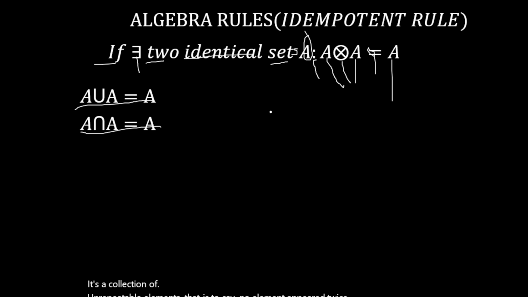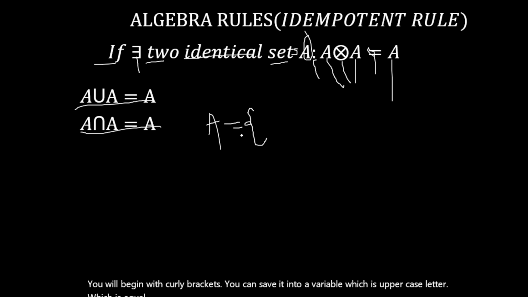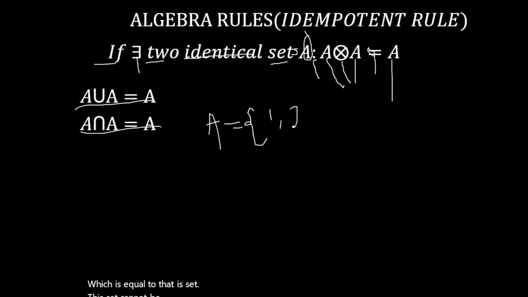For example, to show that there is a set somewhere, you will begin with a curly bracket. You can save it into a variable, which is an uppercase letter, which is equal to, that is, A is a set. This set can now be a list of items, and you close the curly bracket.